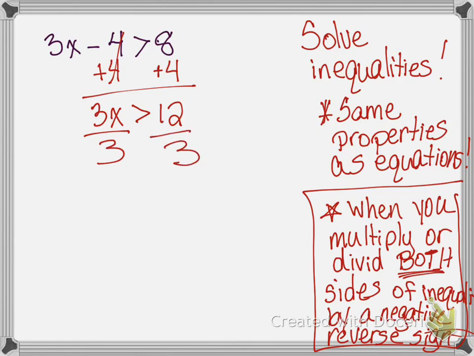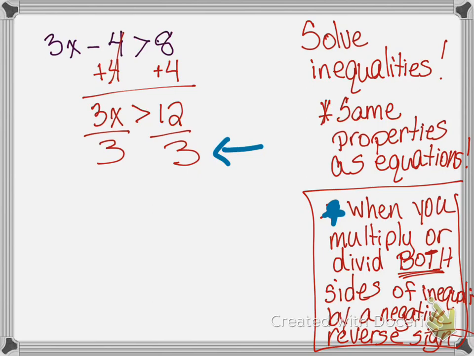Okay. This number right here, the number that I am dividing both sides by, is that positive or is that negative? Positive. It's positive because it's positive 3. So this does not apply because that number is positive. Now we're going to do some more and we're going to run into some negatives. But that's the number I'm talking about.